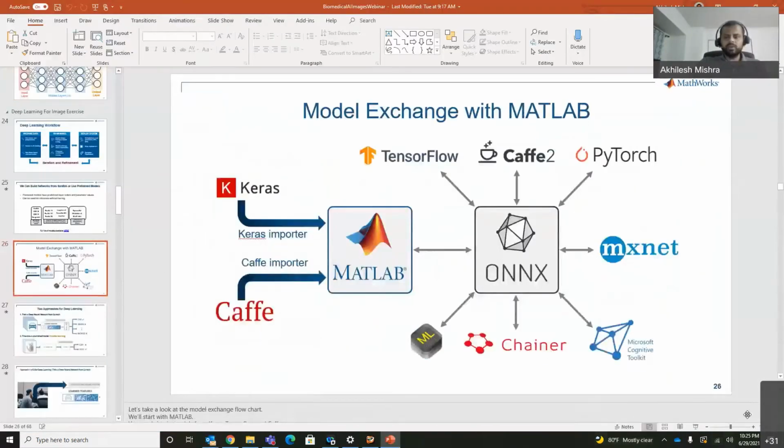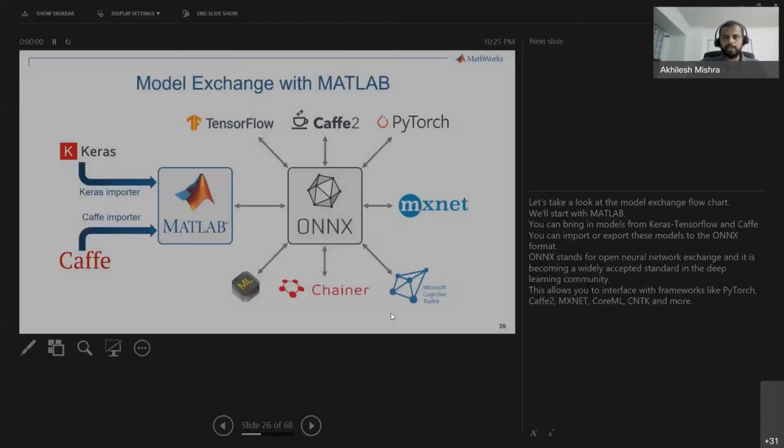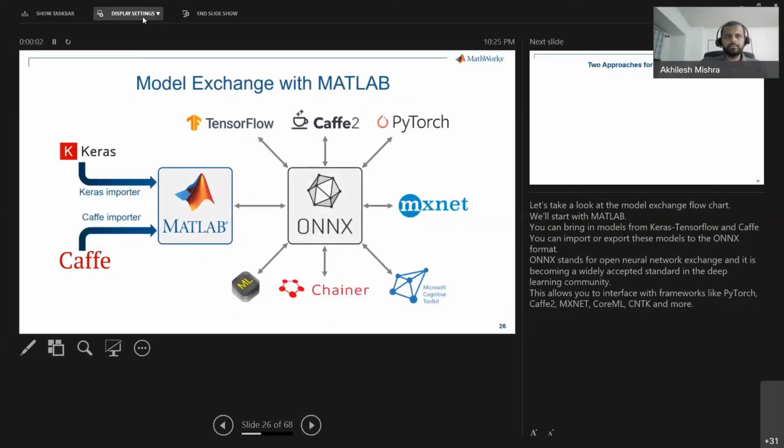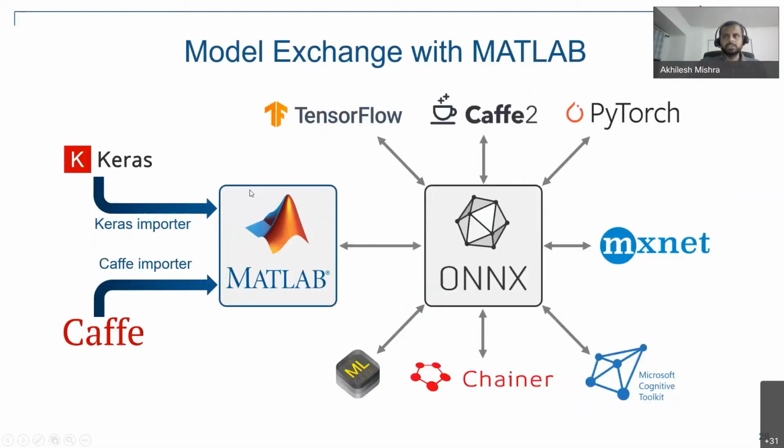What I would like to talk about is one additional thing before I get back to MATLAB. As of today, I showed you a pre-trained network like Alexnet, but you can bring in any network from TensorFlow, Caffe, PyTorch, MXNet, so any deep learning network you might be working with, into MATLAB and start retraining it for your transfer learning approach.